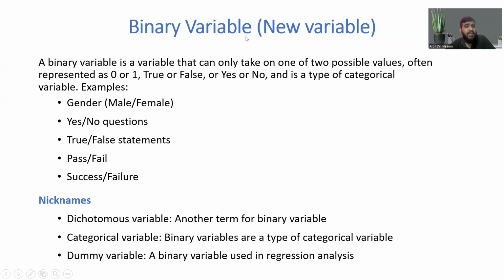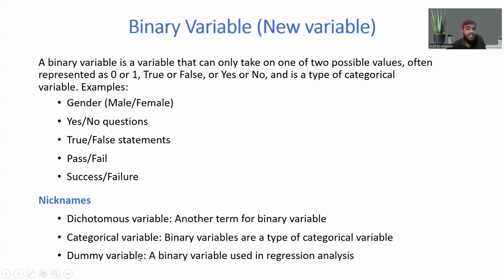And the nickname of a binary variable is dichotomous variable. Another name for a binary variable is dichotomous variable. Binary variables are a type of categorical variable, that means qualitative variable, not quantitative.